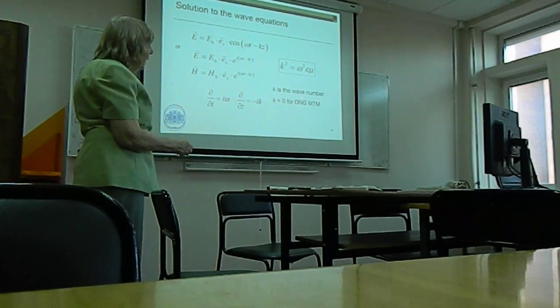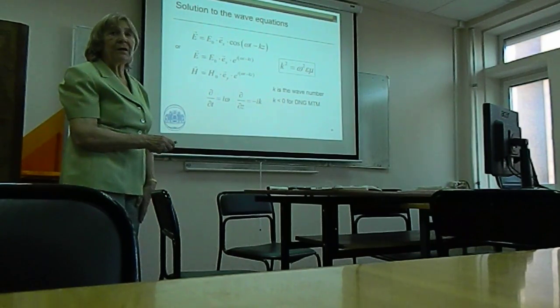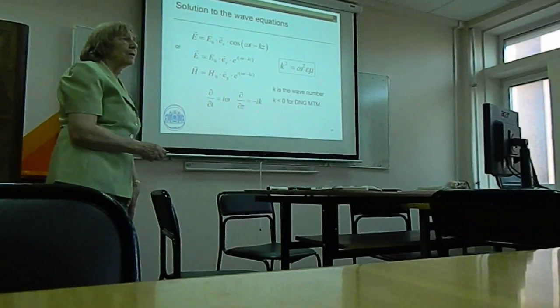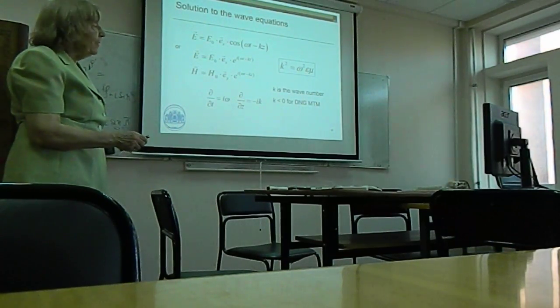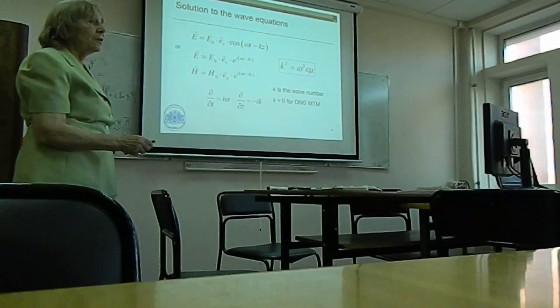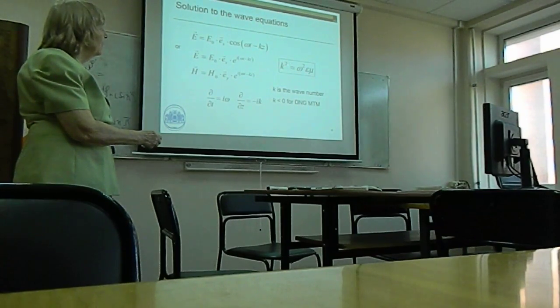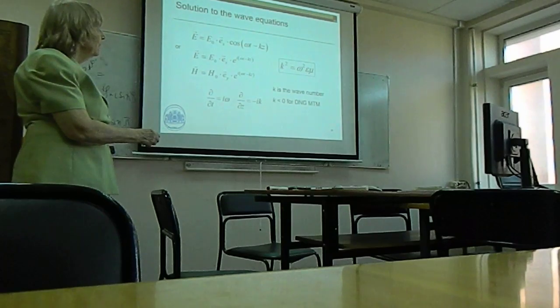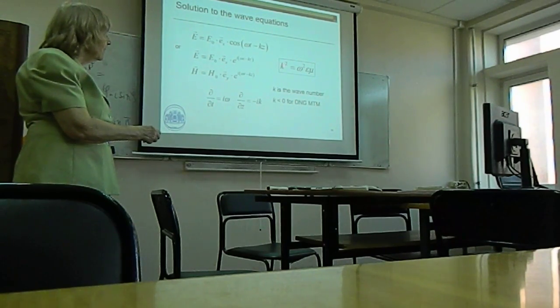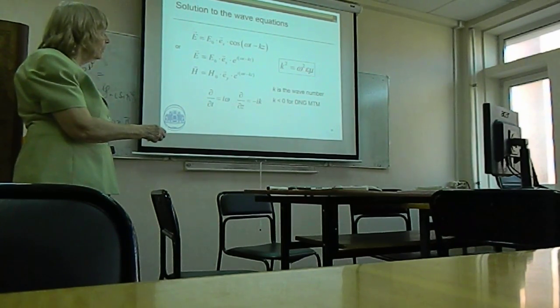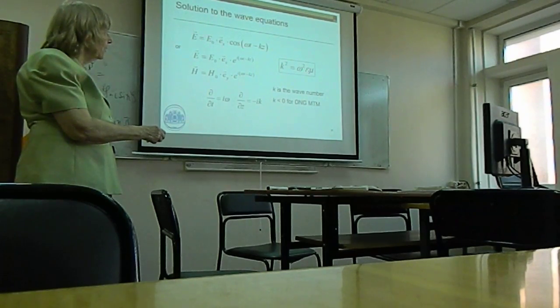For a double negative metamaterial, K is negative. The same case as the refraction index. You remember, we defined the refraction index as the square root of this product of epsilon and mu. The same is here.